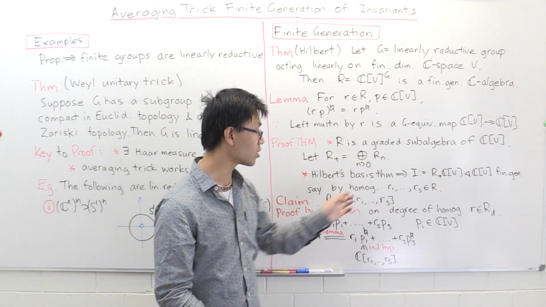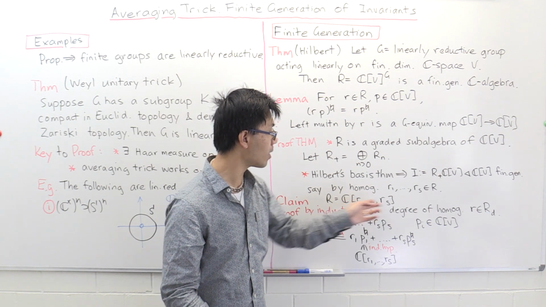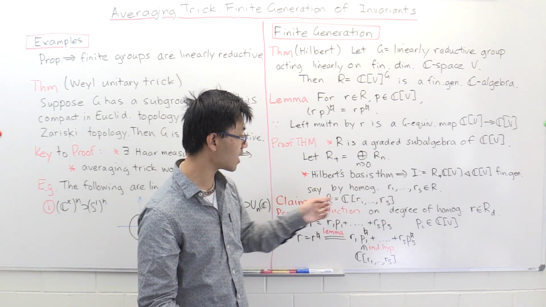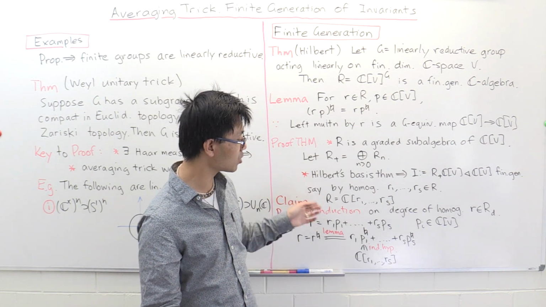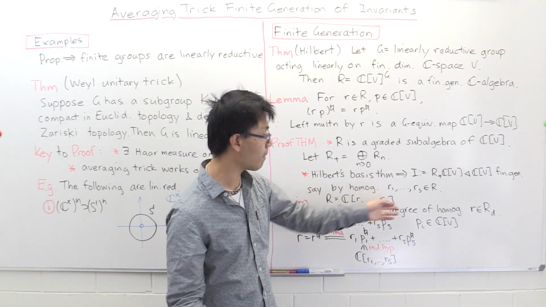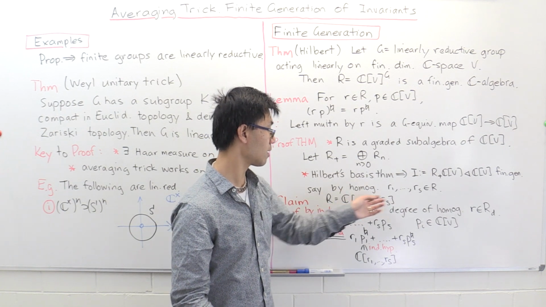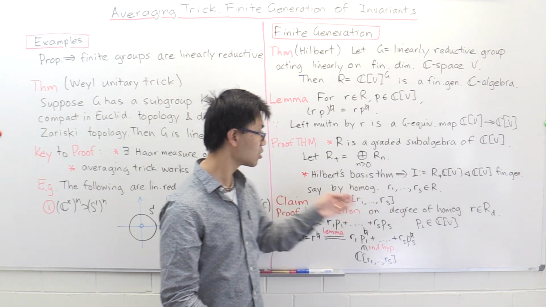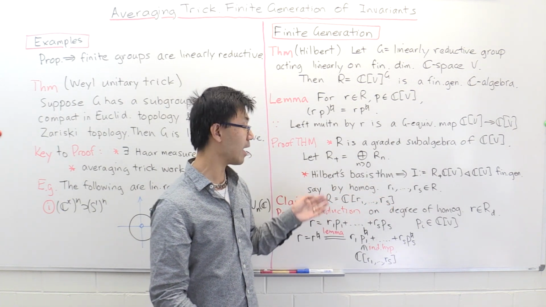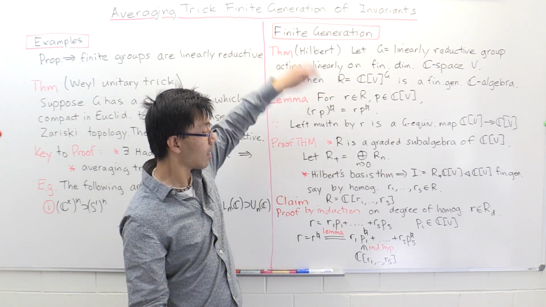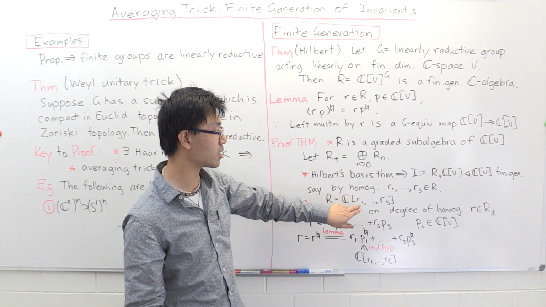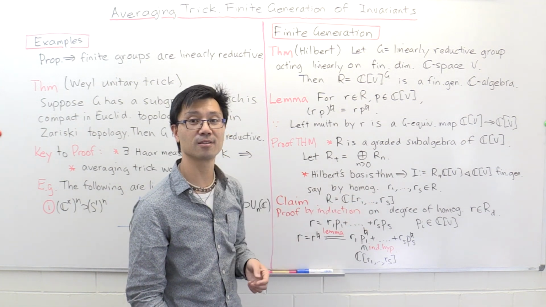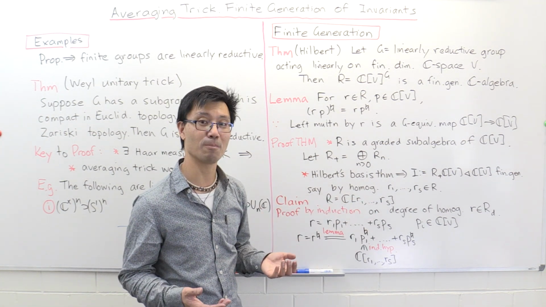Of course, these R1 up to Rs are invariant, so they're inside this R. So this is a subalgebra of this. And what we've shown is that every homogeneous R inside here is also a polynomial in these R1 up to Rs. So these are in fact equal. And so Hilbert's theorem holds. This ring of invariants is indeed finitely generated, in fact finitely generated by this R1 up to Rs. I hope you enjoyed this adventure in pure mathematics.